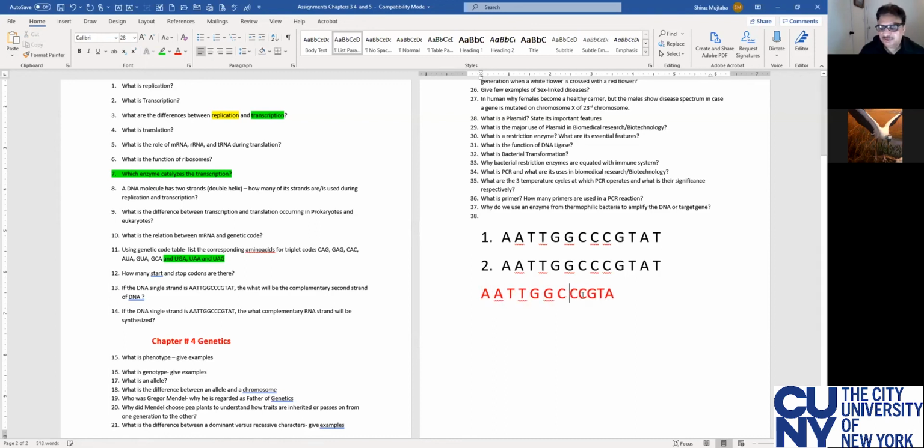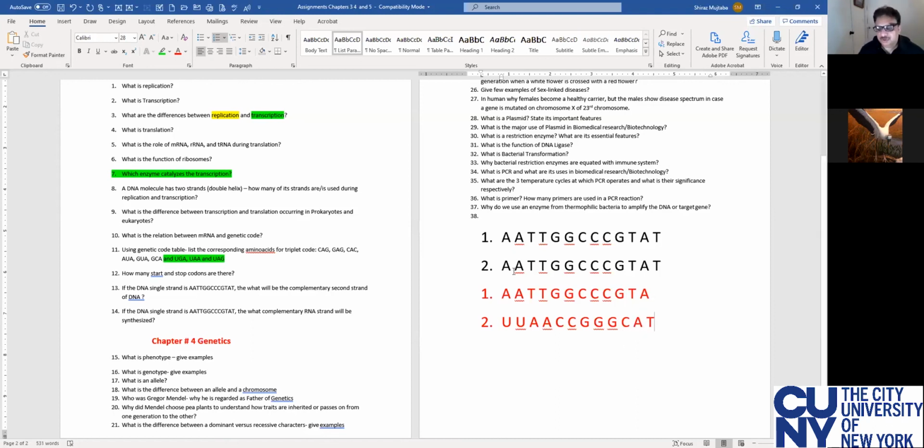In other words, if this is the sequence of DNA that will make RNA, then what will be the corresponding RNA? The corresponding RNA would be, for A, RNA will have U, A, C, C, G, G, G, C, A, C, A, and then T.